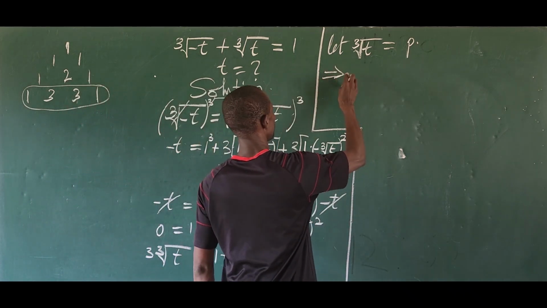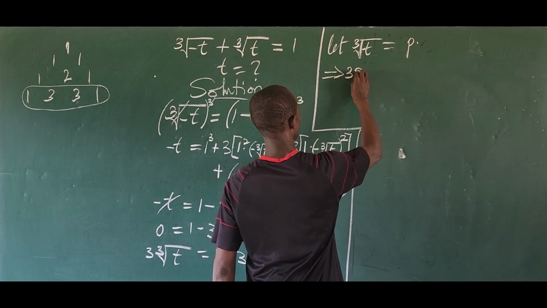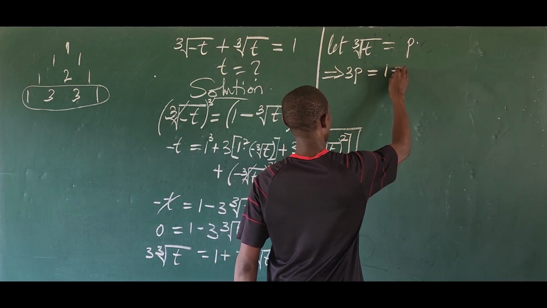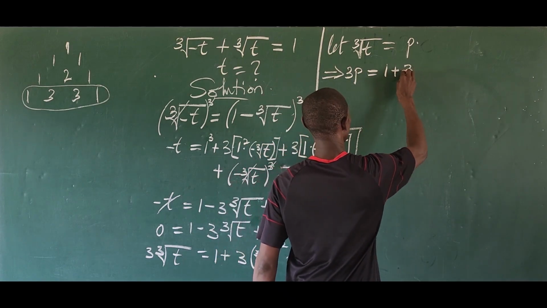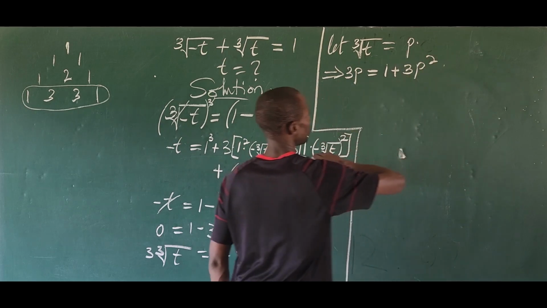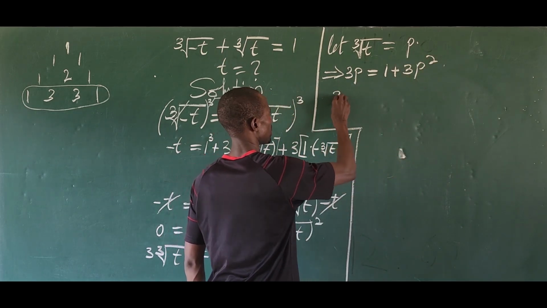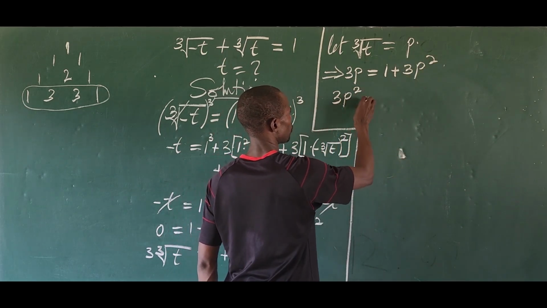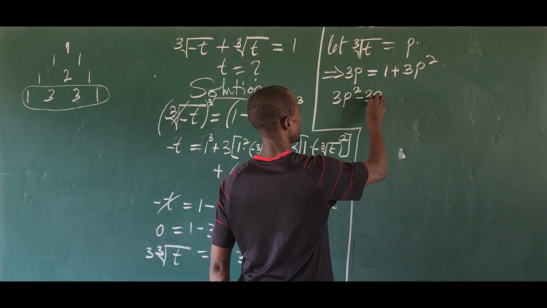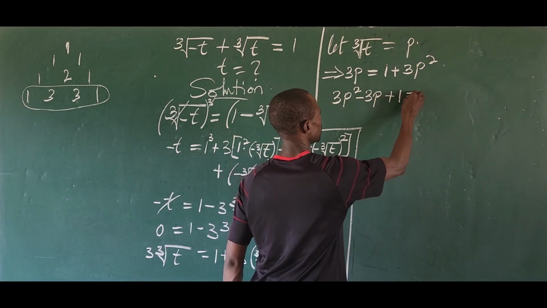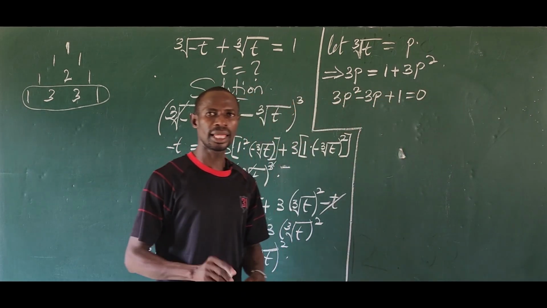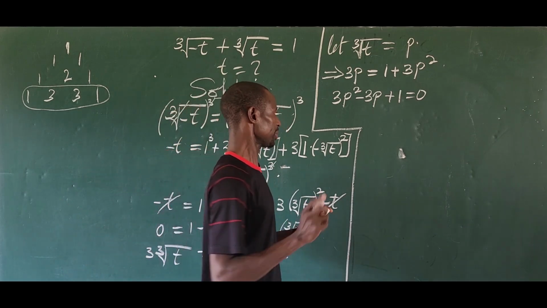This is going to give us 3p equal to 1 plus 3p to the power of 2. So if we rearrange, this is going to give us 3p to the power of 2 minus 3p plus 1 equal to 0. This is a quadratic equation, right?